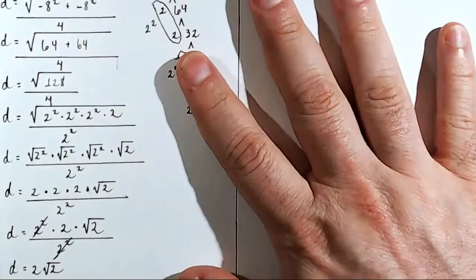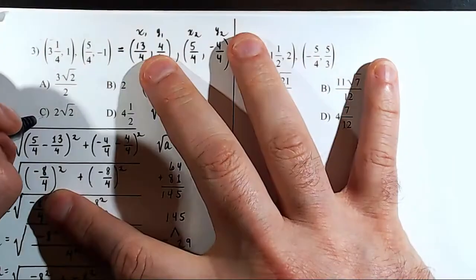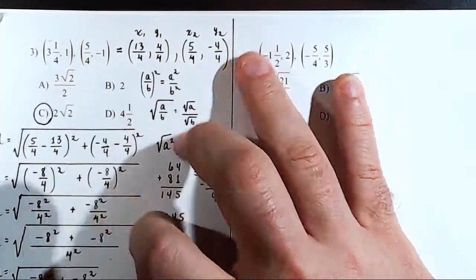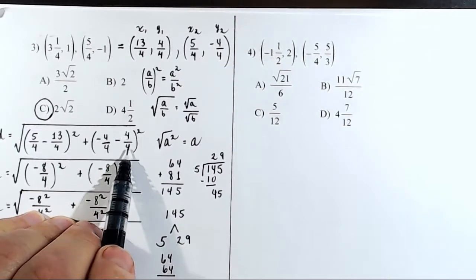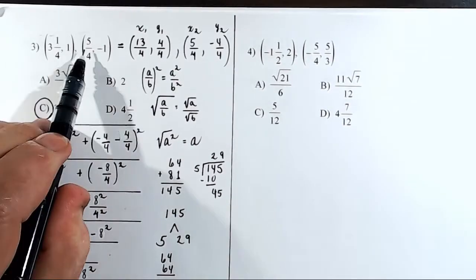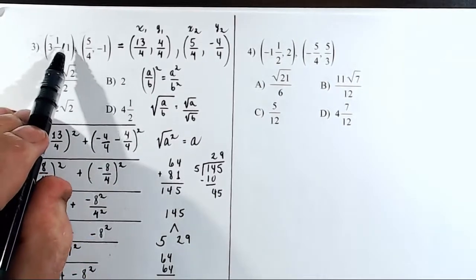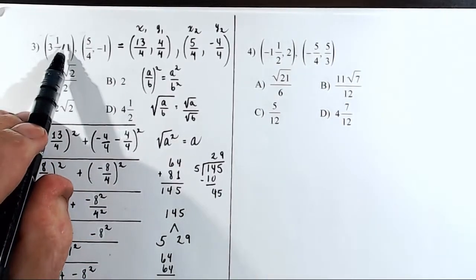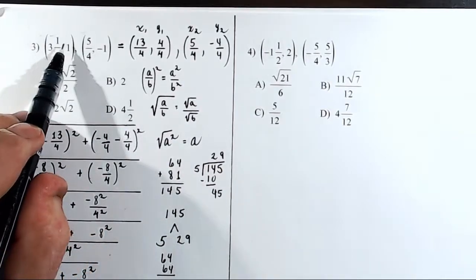Let's see if that's an answer choice. And it is. So this was a rookie error right here. I wasn't paying attention. And I put in y1 when I should have put in x2, right here when I should have put in y1.